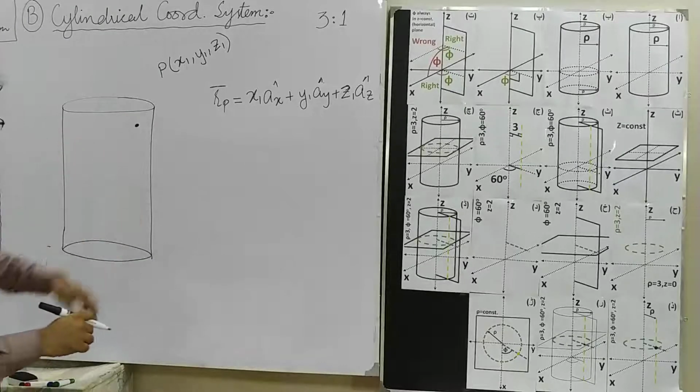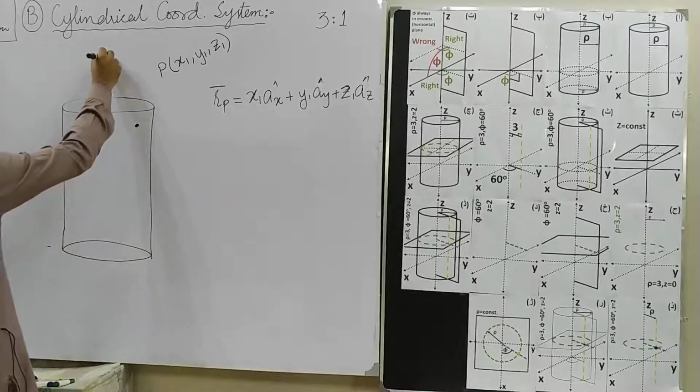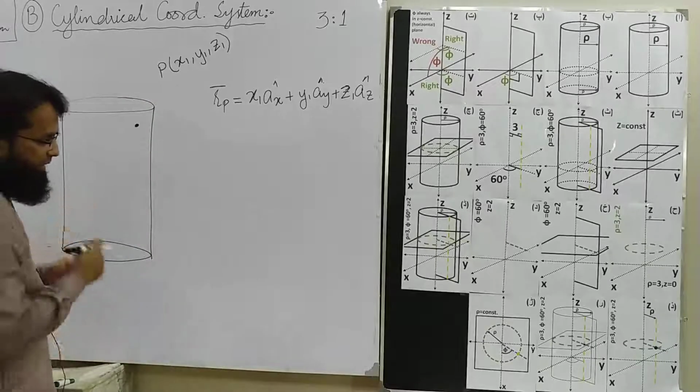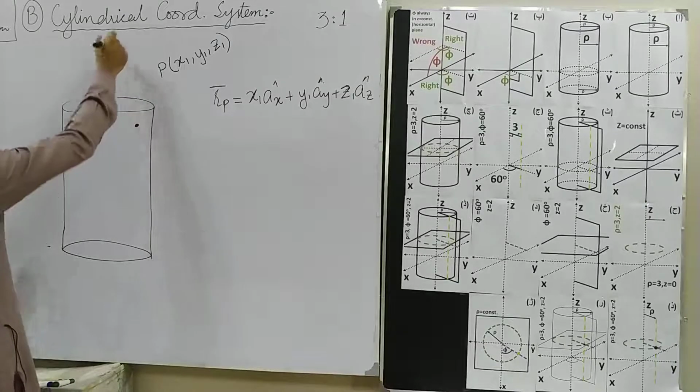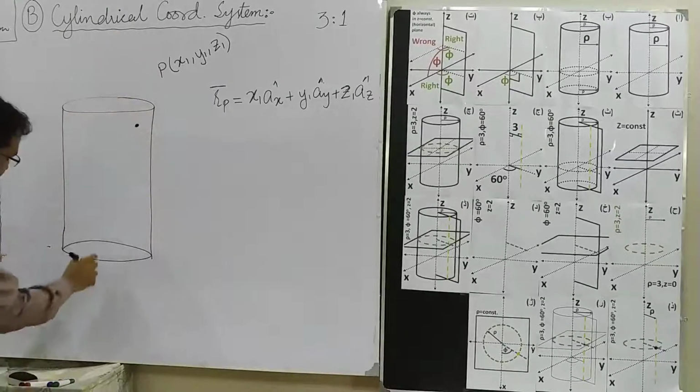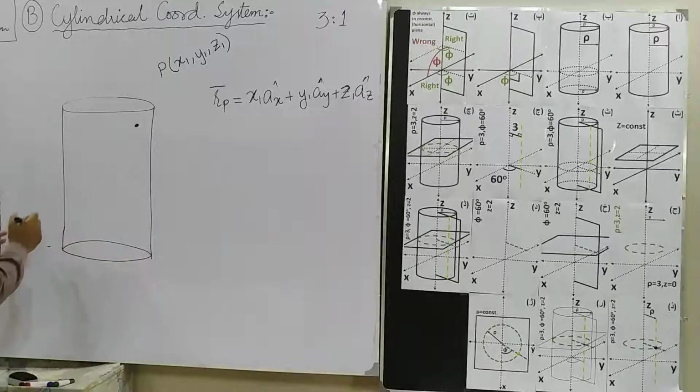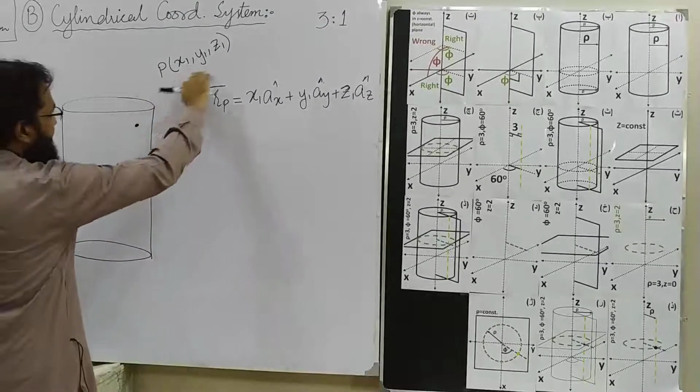You can establish XYZ in any way possible, but obviously you will establish z here, y here, x here, and give the location of this point in this form.